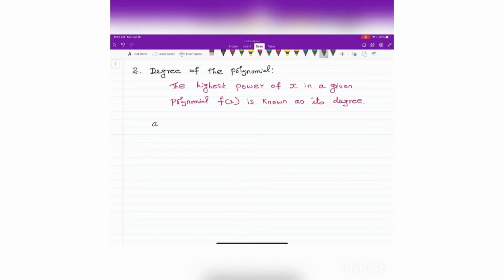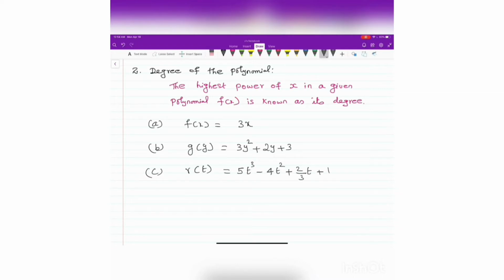A, f of x is equal to 3x. B, g of y is equal to 3y square plus 2y plus 3. R of t is equal to 5t cube minus 4t square plus 2 by 3t plus 1.